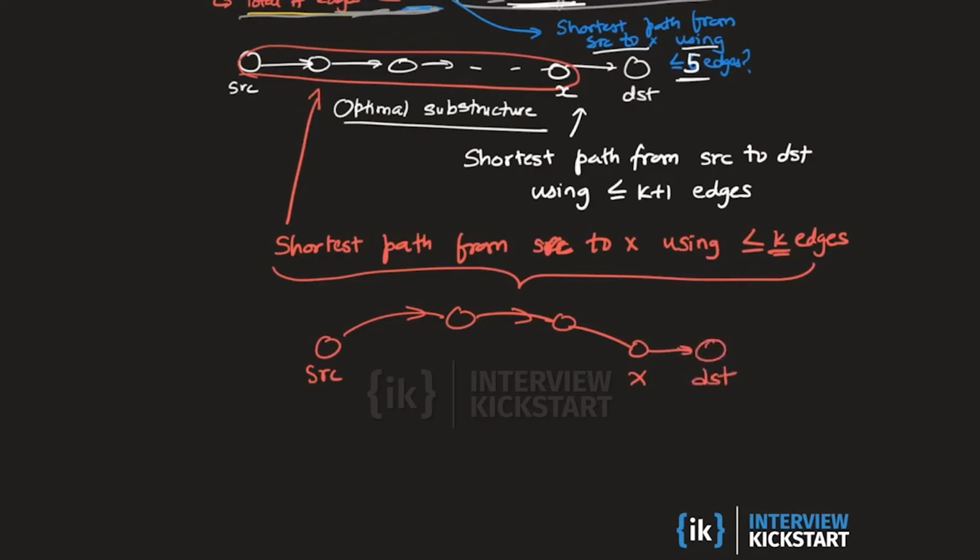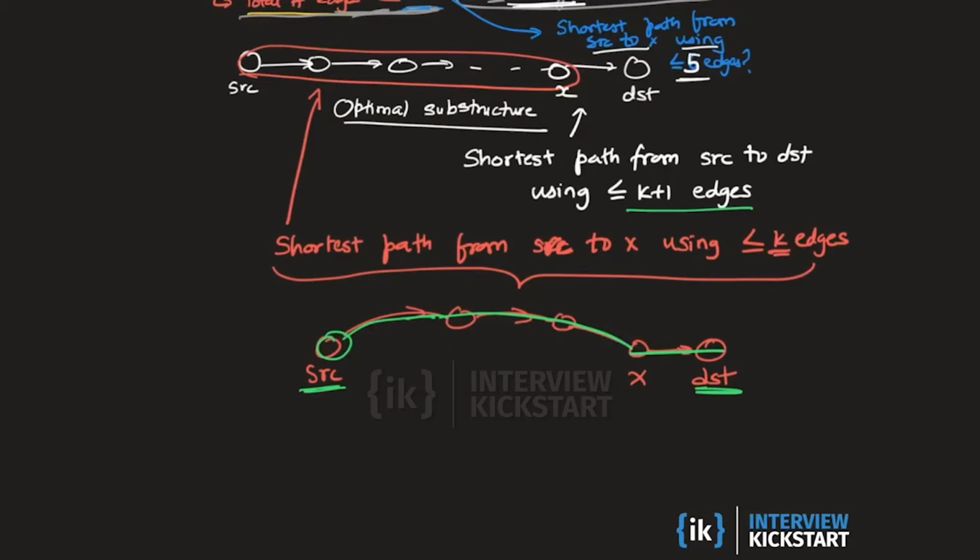Then what we could have done is follow that shorter path to go to x and then take that lone edge from x to the destination to get a shorter path overall from the source to the destination which uses less than or equal to k plus 1 edges. But that contradicts our original assumption that we are already looking at the shortest path from the source to the destination which uses less than or equal to k plus 1 edges.